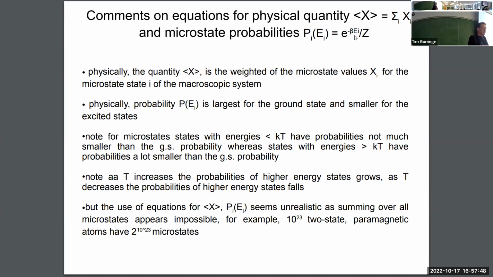They become more important. If you decrease the temperature, you'll weight less and less those higher energy states. And so temperature will kind of control through that kT the relative importance of the high energy and the lower energy states.